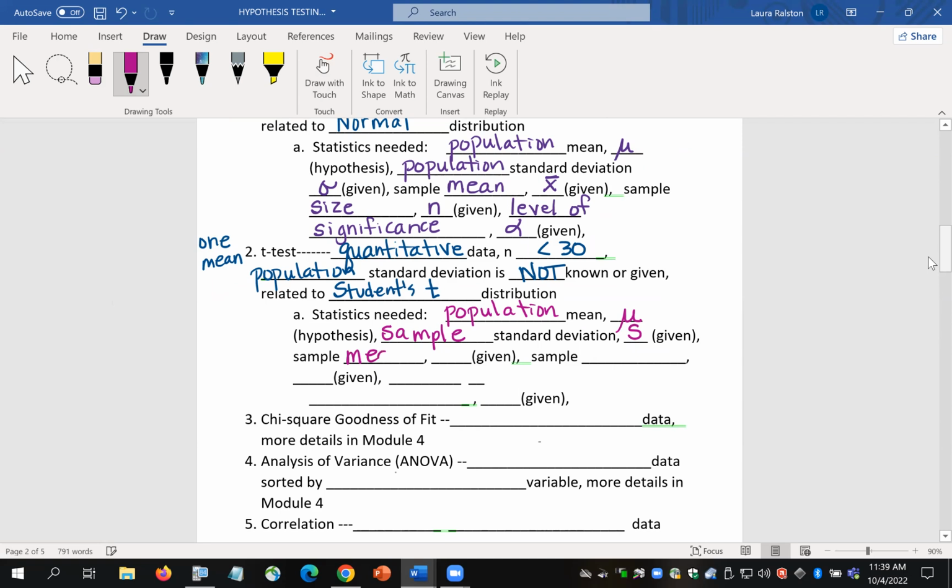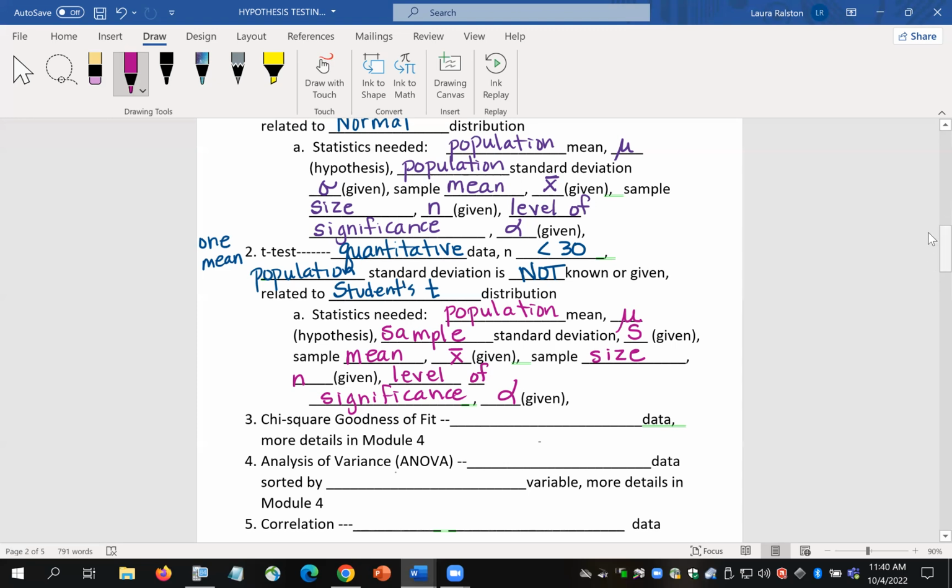You're given the sample mean, the sample size, and again, that level of significance, which is represented by the Greek letter alpha. We will additionally talk about, and when we get there, I'll give you the same kind of list, two mean t-test.